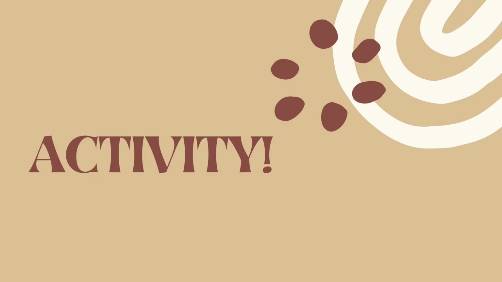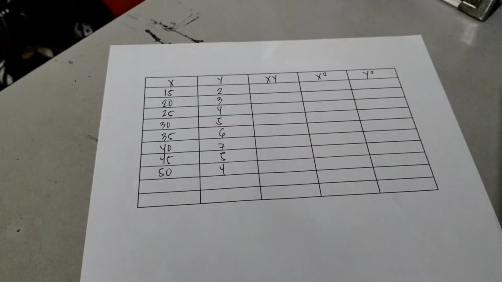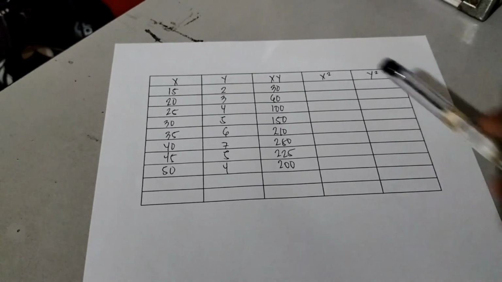Now, let's have an activity for you to answer. For activity number 1, researchers want to determine the relationship between a person's age and how many times a week they drink coffee. Para sa activity 1, ganun lang din, ipagta-times ang x and y. After that, yung x squared naman.